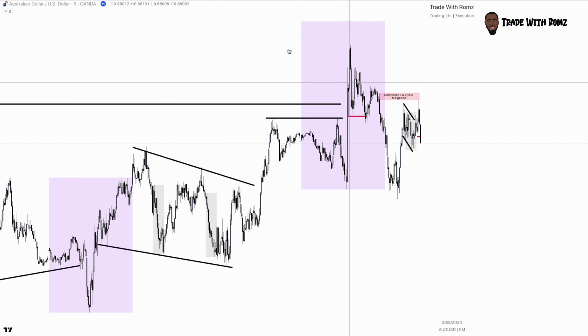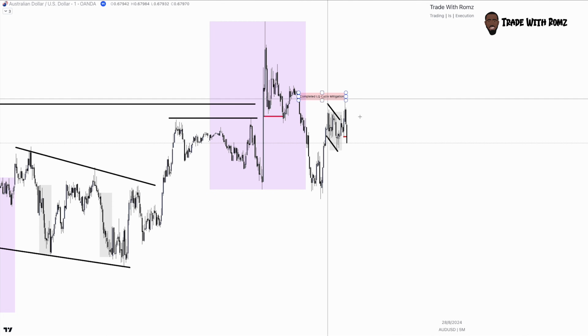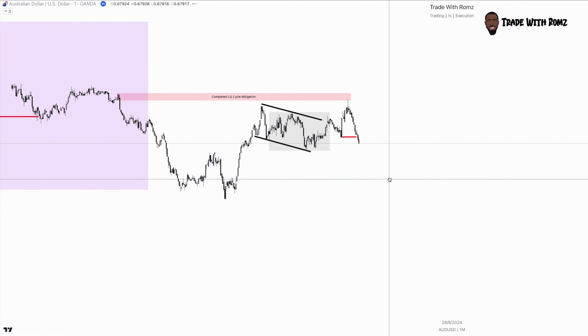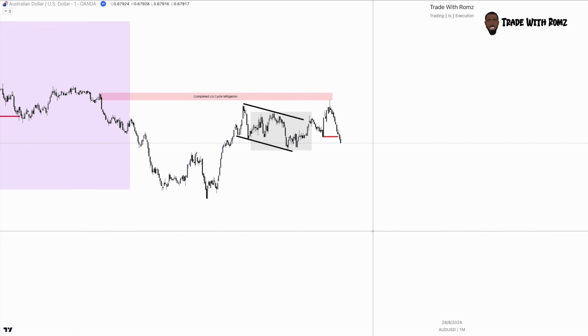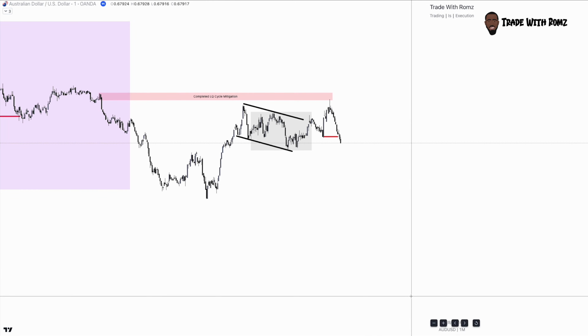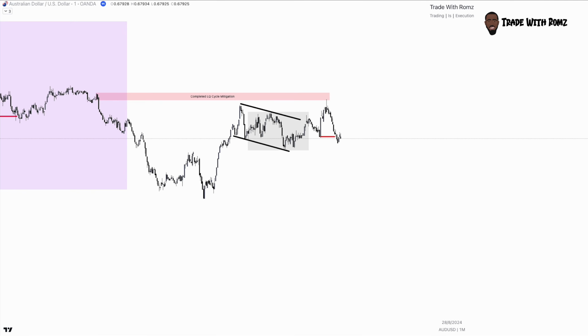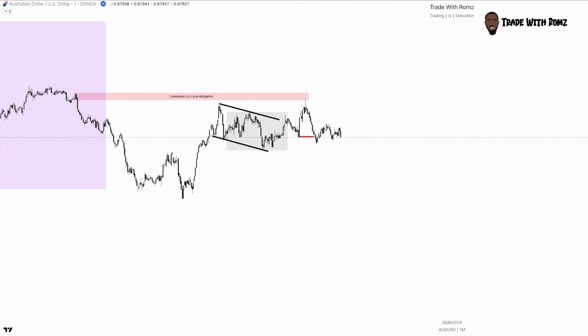Had the build up mini cycle, the inducement which mitigated the supply zone decisional area from the inducement. Okay, then we had the relative breaker structure. So then it's about find an entry for me. I'm gonna press play on to speed this thing up a bit. You can see.